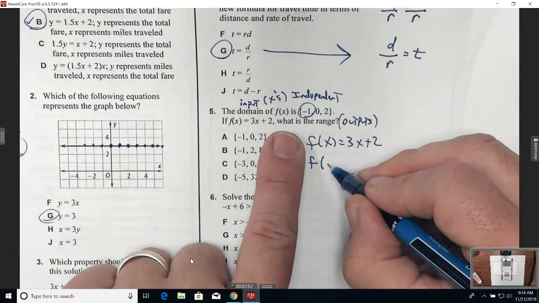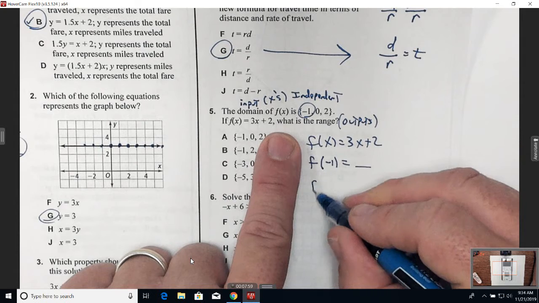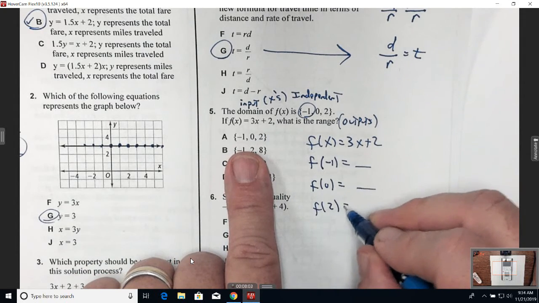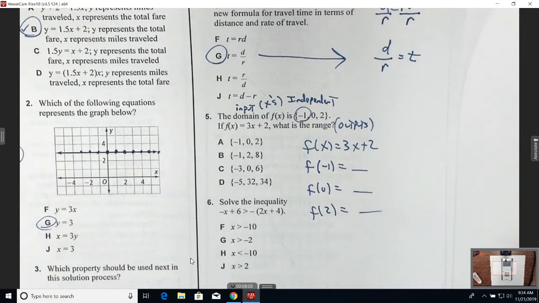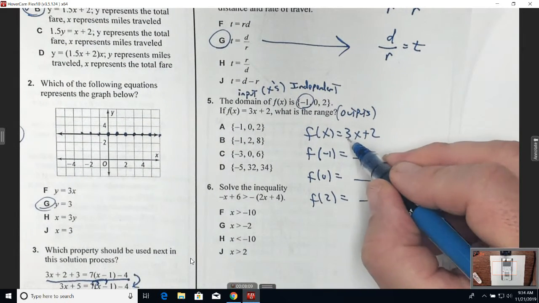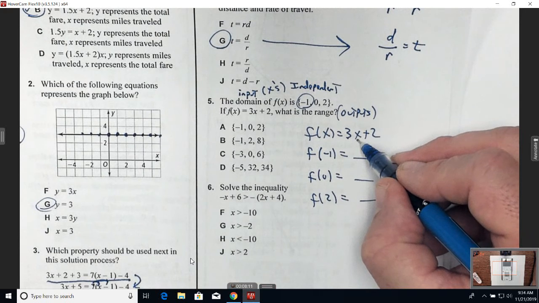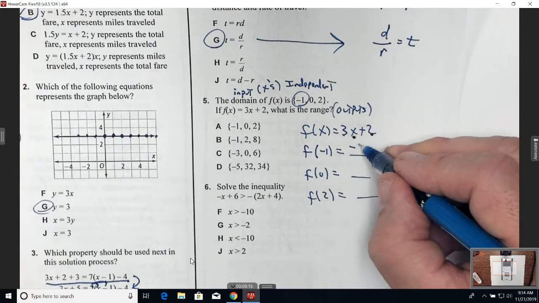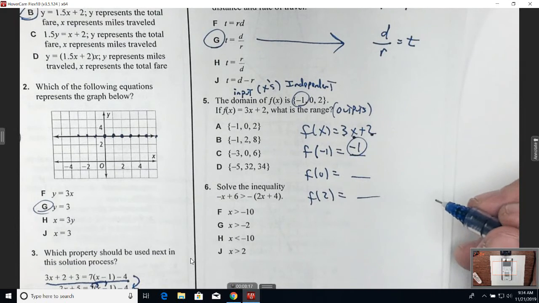So I'd have to find f of -1, figure out what that is, f of 0, figure out what that is, and f of 2 and figure out what that is. So all that means is to plug those in there. Now I could do this with pencil and paper and take 3 times -1, which is -3, plus 2. What's -3 plus 2? -1.